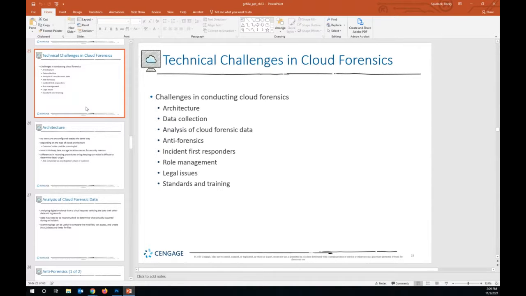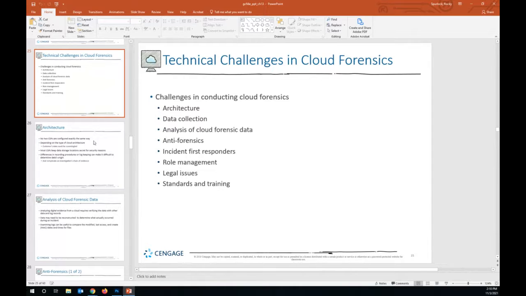The technical challenges in cloud forensics include the architecture of the system, the data collection, the analysis of cloud forensic data, anti-forensics, the incident first responders, role management, legal issues, standards and training, versions.